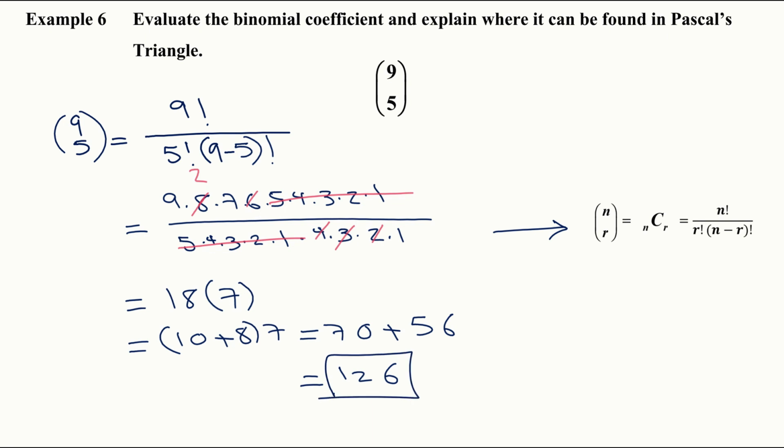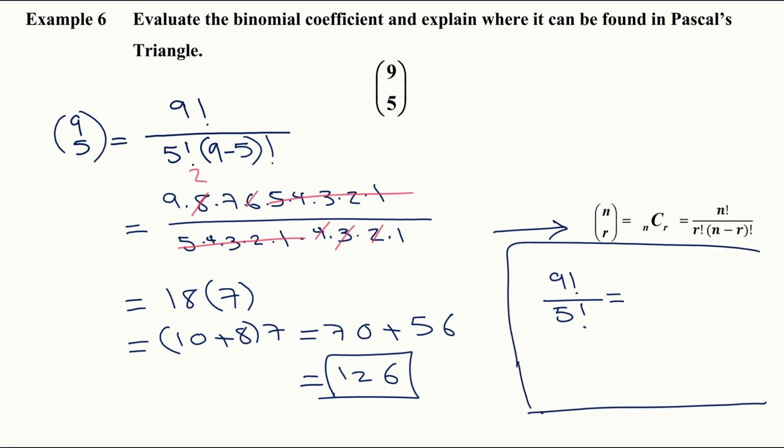Now, sometimes when you see something like 9 factorial divided by 5 factorial, one clever way of handling that is to realize that that's like, remember, this is a different problem I'm showing you now. We're finished with the problem we were doing, okay? Just want to show you how to handle a simple thing like that. You can just go, that's 9 times 8 times 7 times 6 times what?